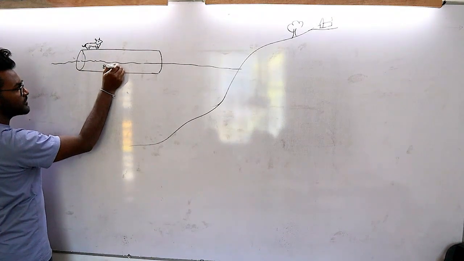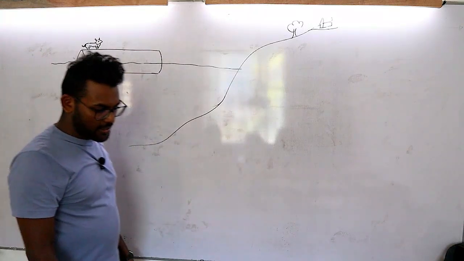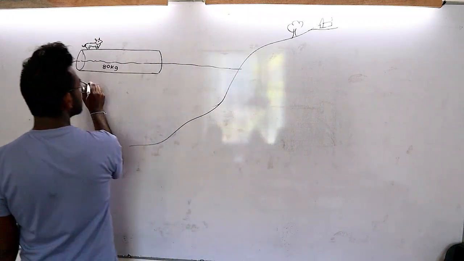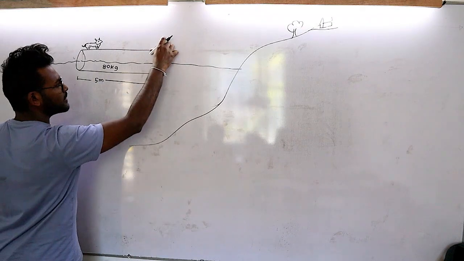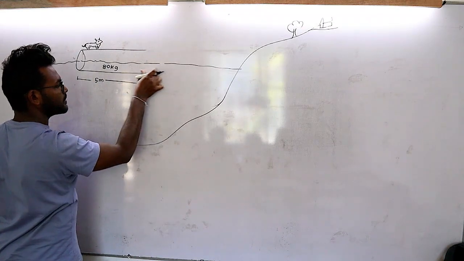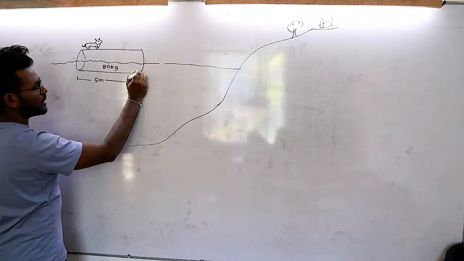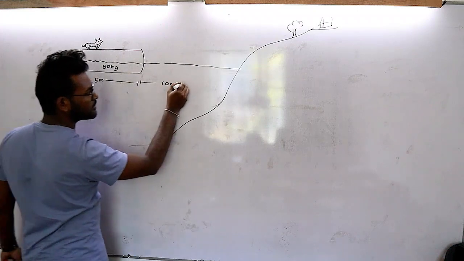Let's say the mass of the log is 80 kilograms, and it is around 5 meters in length, and the log is 10 meters away from the ground.